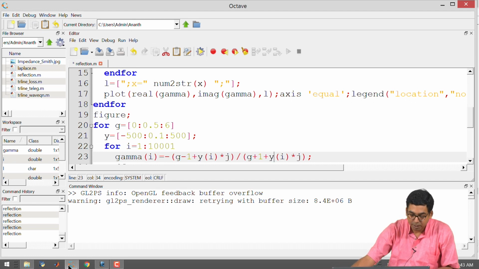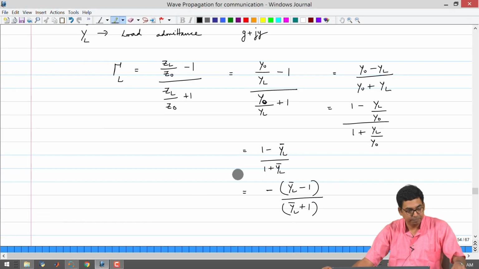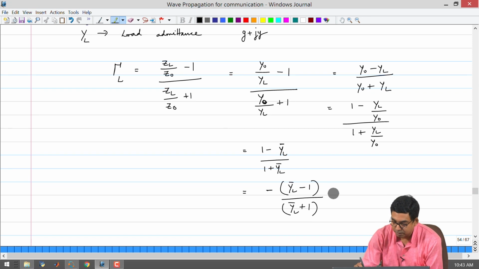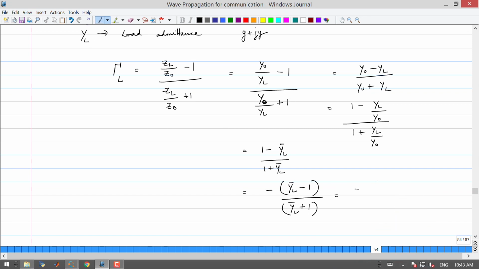So, just to go back and write this, you could write down the real and the imaginary parts together. So, you will have minus of (G minus 1 plus jY) divided by (G plus 1 plus jY). That is the exact formula that I am putting in the program.